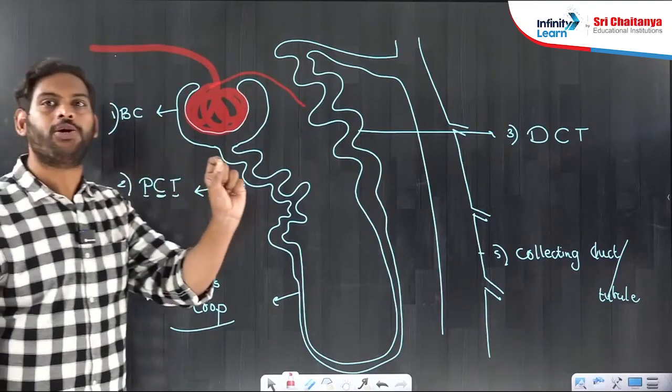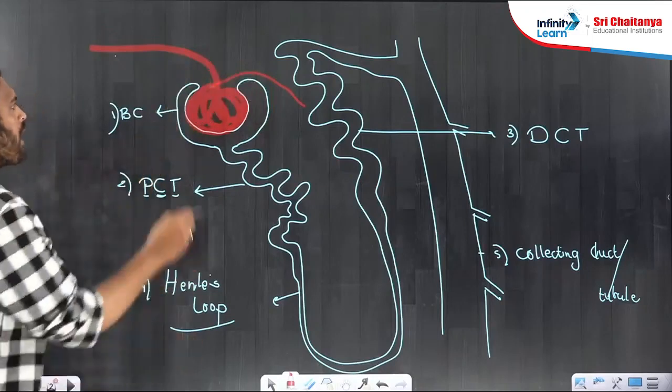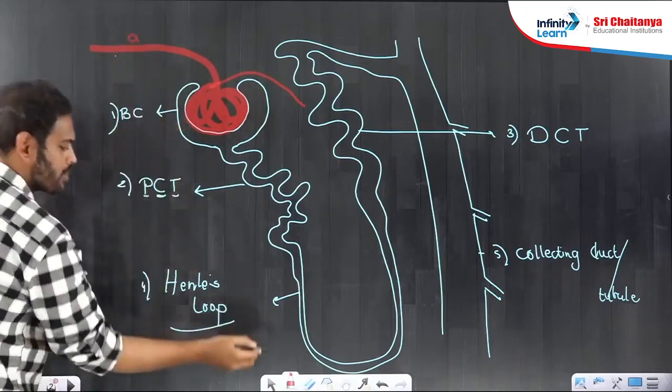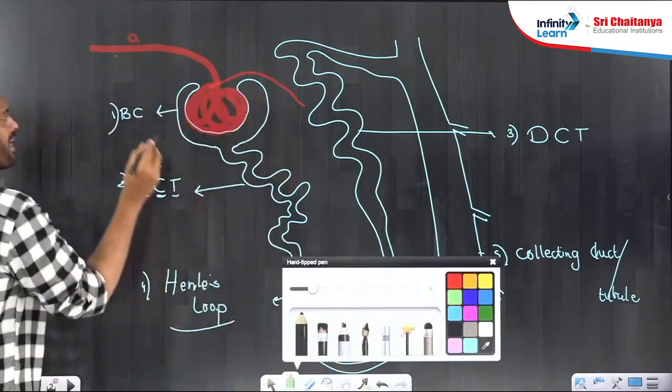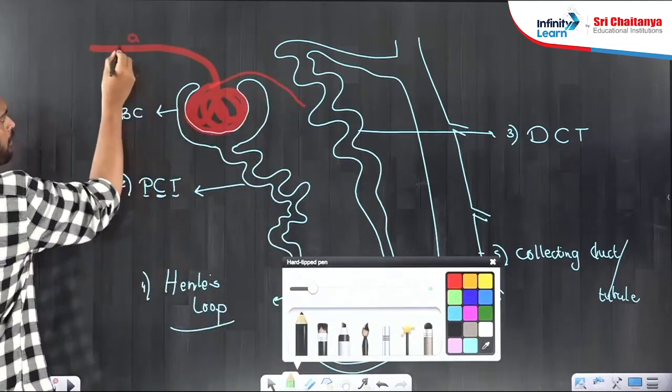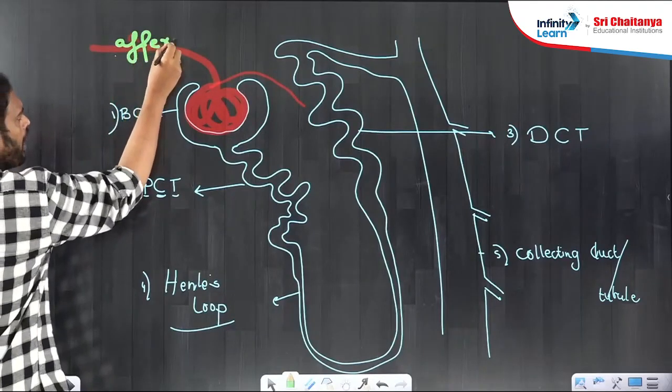The arteriole which is entering into Bowman's capsule is referred to as the afferent arteriole.